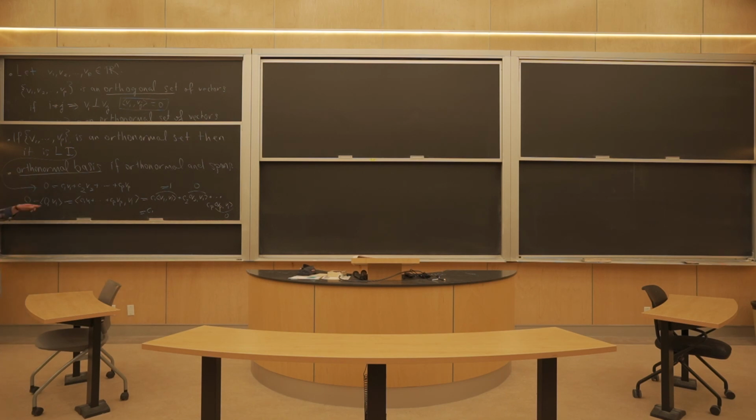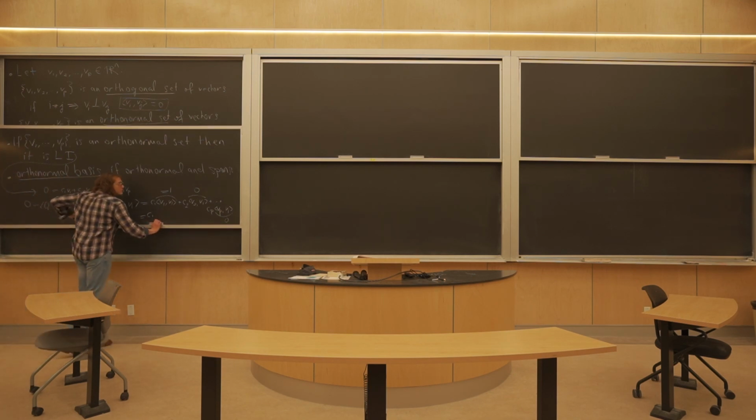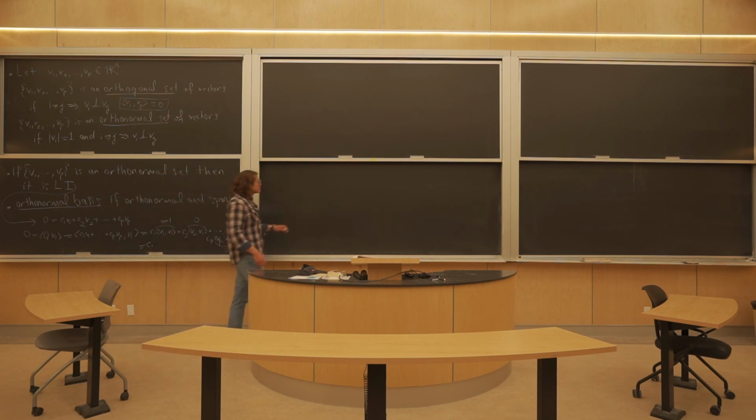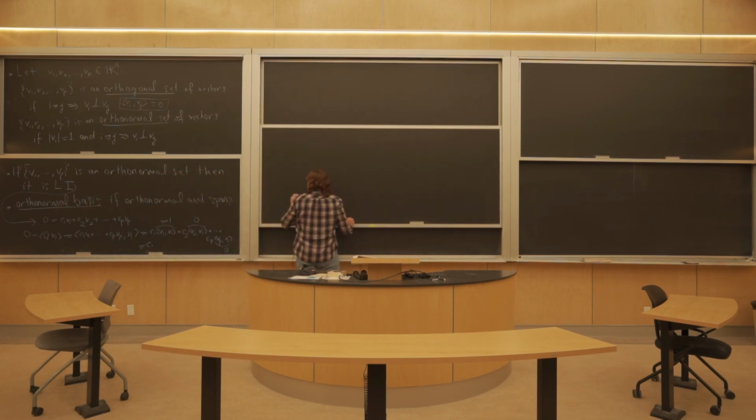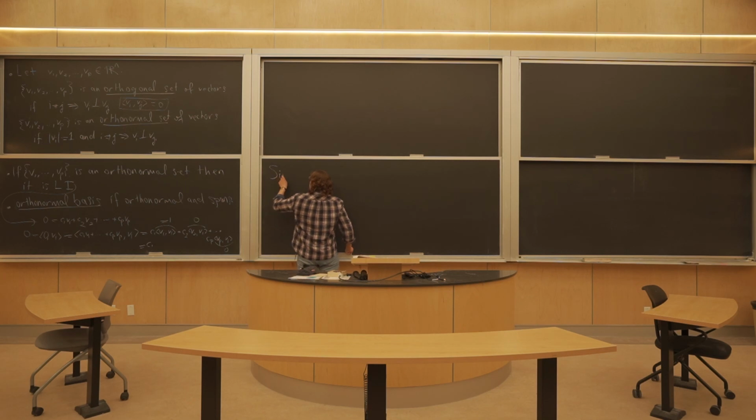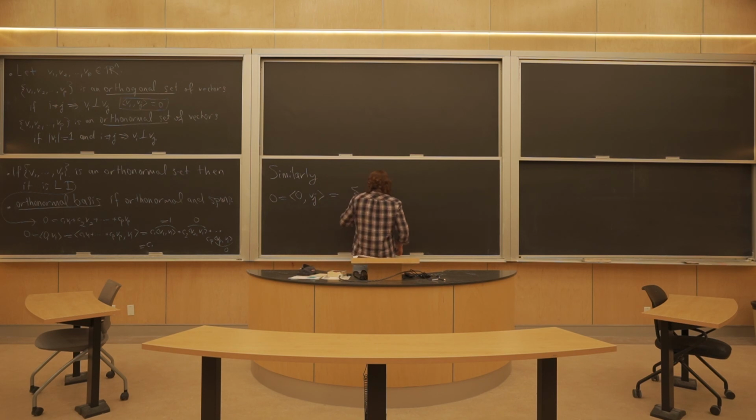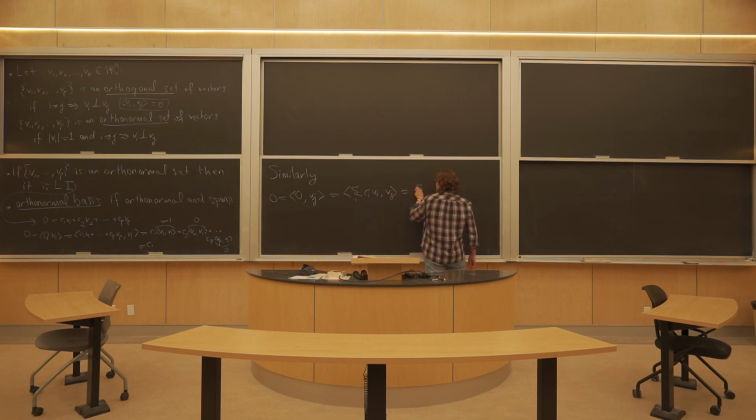Now, if I were to take any other vector here, instead of V1, if I were to take Vj, let me just write it here. So similarly, this is equal to 0 against Vj. And then 0 is the sum over i of Ci Vi against Vj. But then this is the sum over Ci Vi against Vj.